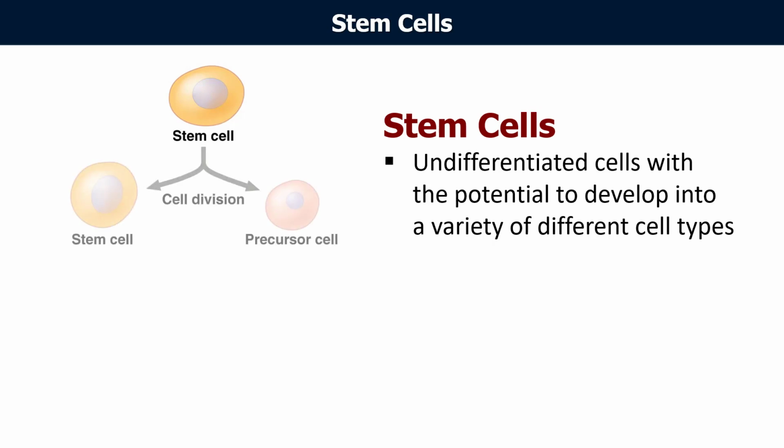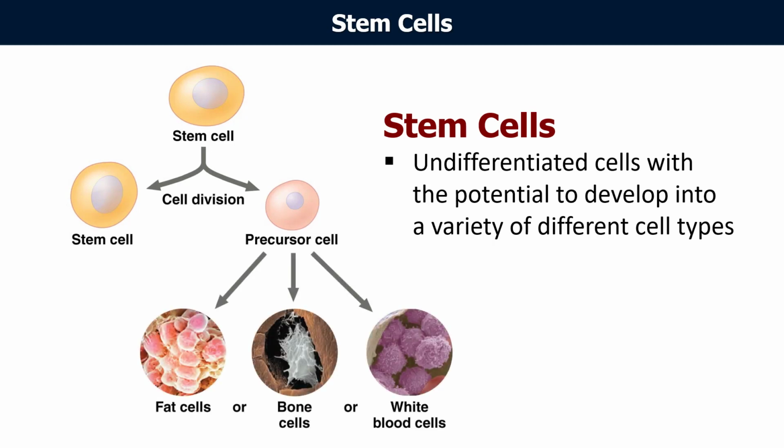So when stem cells divide, first of all, they can produce more stem cells, or they can start to transition, start to play their own version of sheet music and become a precursor cell, the precursor or the beginnings of a specific cell type. And so they could eventually develop into these different types: fat cells, bone cells, white blood cells. Stem cells have the potential to become a wide variety of different cell types.